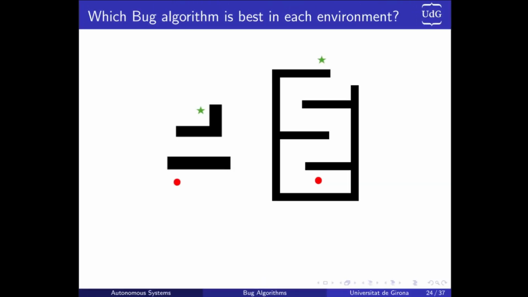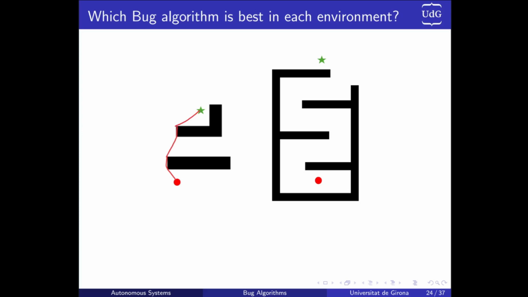Which algorithm do you think is best for each one of these two environments? Best, I mean faster, that always finds the solution, etc. We have seen that here, probably the best one was Bug 0, no? Because it goes very fast. It's not the optimal one. The optimal will move here, here. And the optimal, I can show you, will be done something like that.